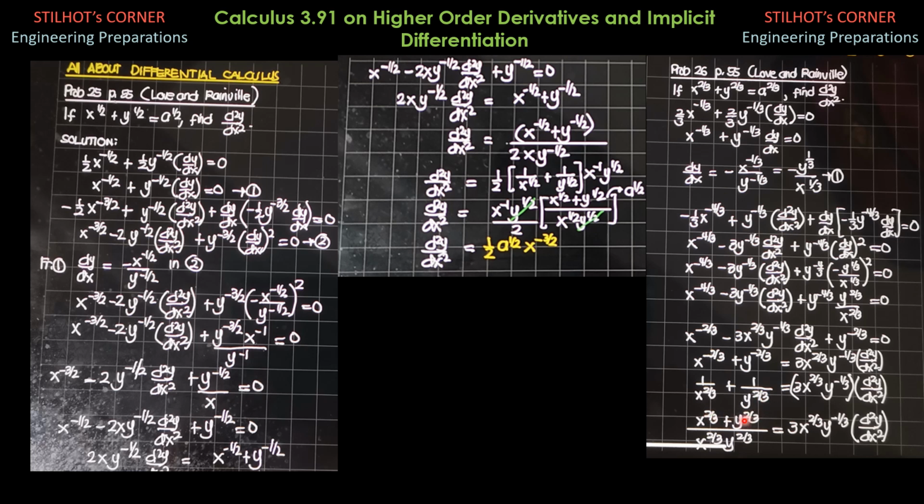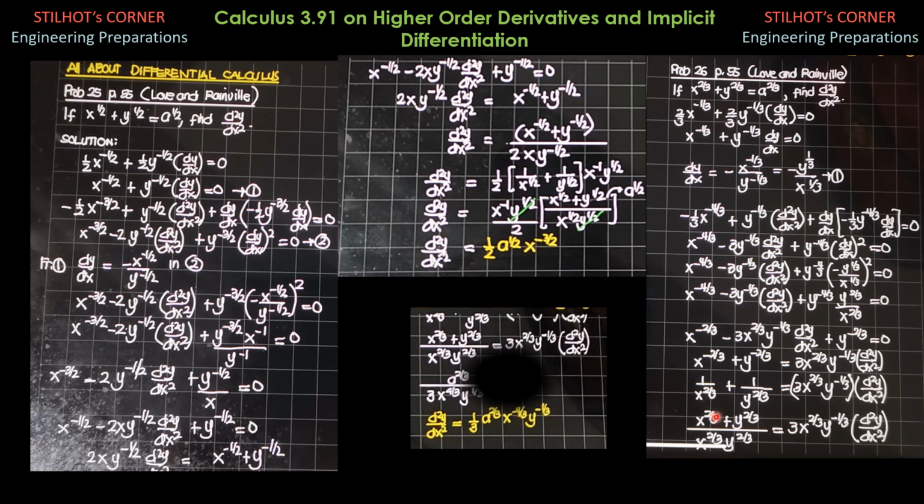Continuing, taking note that this is equal to a to the 2/3, we replace this by a to the 2/3. So we have a to the 2/3 over 3. Then x to the 2/3 times x to the 2/3 is x to the 4/3. Then y to the 2/3 times y to the negative 1/3 is y to the 1/3, equals the second derivative of y with respect to x.